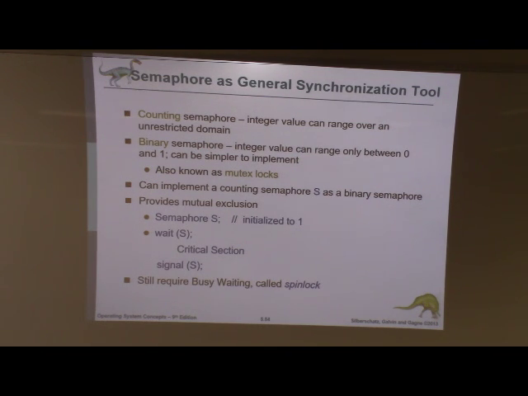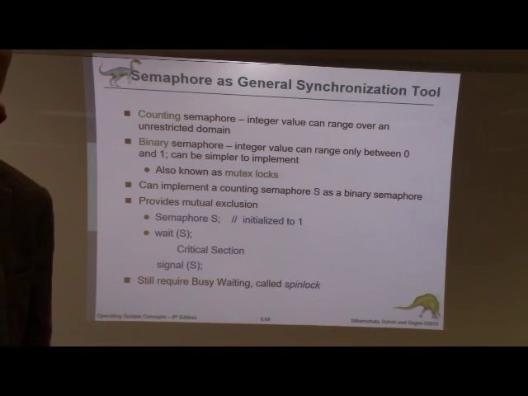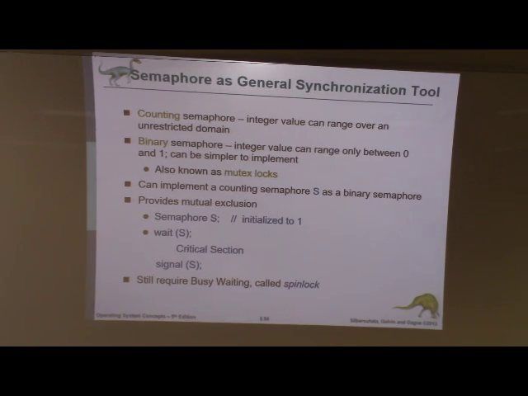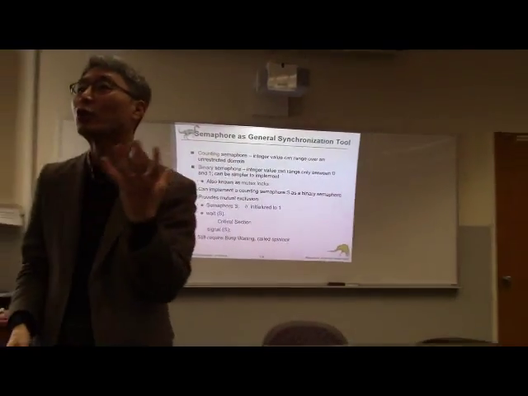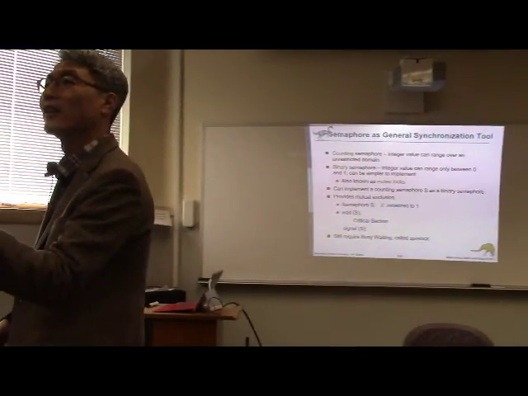The binary semaphore has S of 0 or 1. If nobody uses the semaphore, its value is 1. If somebody waits, it is decremented by 1, which means 0. Then it's in use. Such a binary semaphore can be used directly as a lock.